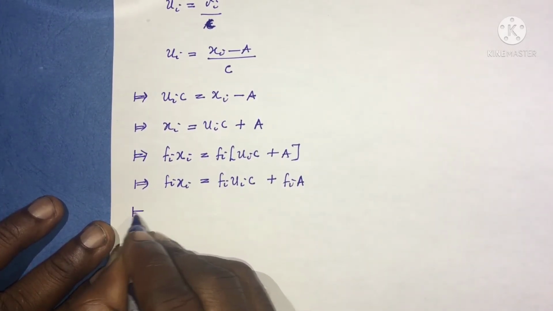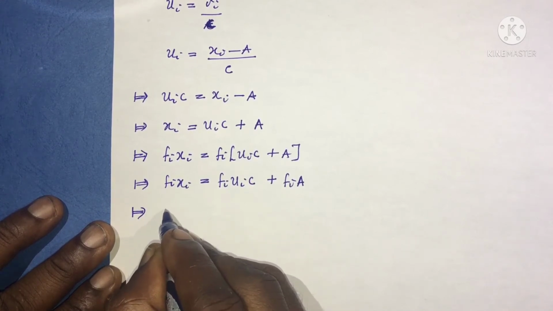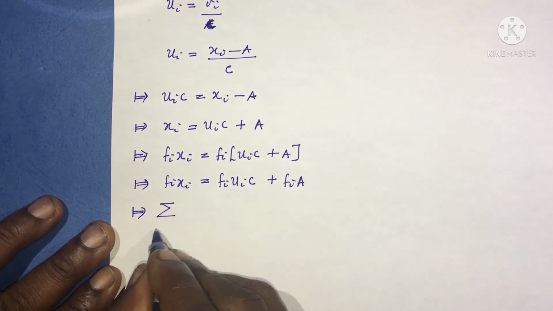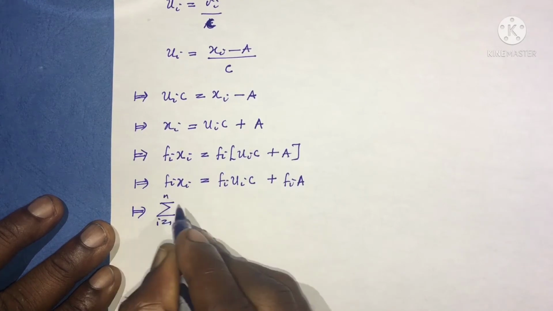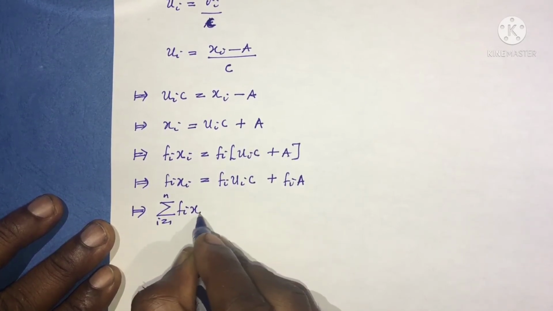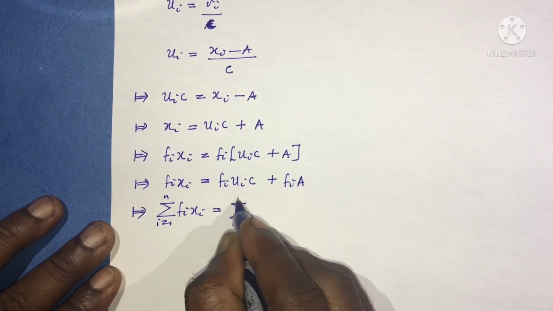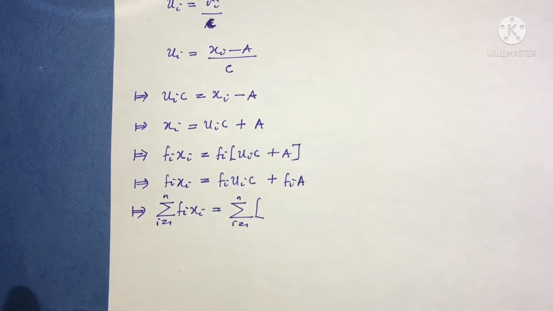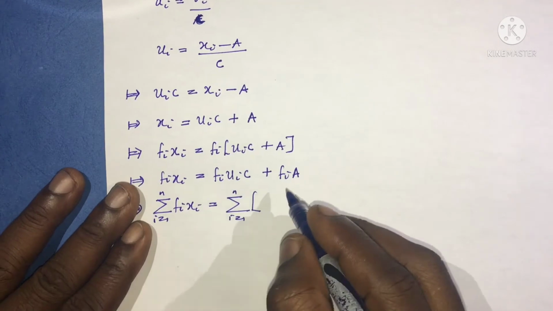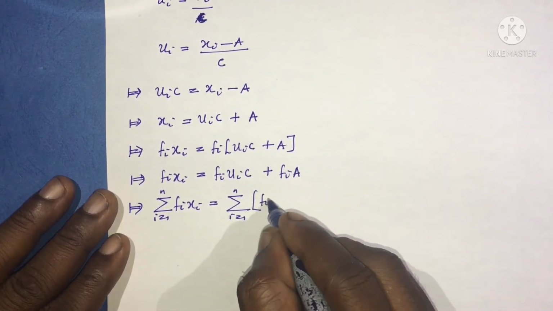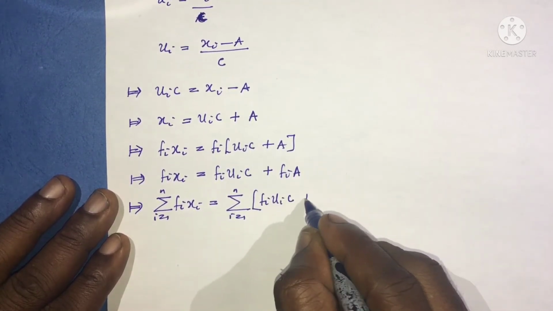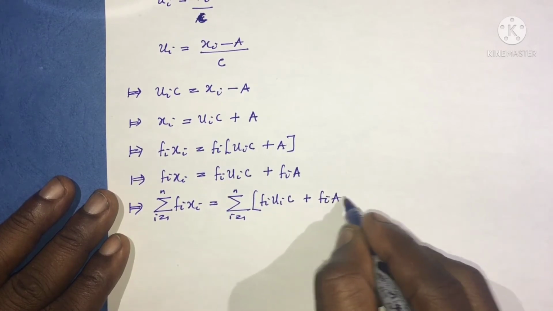Now when we take the summation of both sides from i equals 1 to n, to maintain that balance, it will be taking the summation of fiuic plus fia.